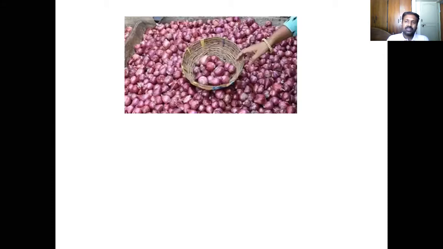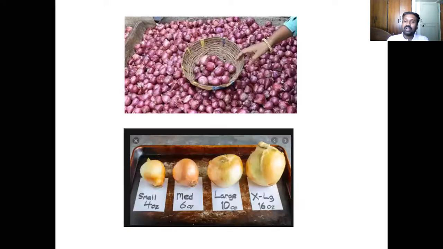The thing is that in a sample, in a gunny bag, in a sack of onions, all onions are not the same size. So you can classify the sizes, right? Small, medium, large, and extra large, XL. You can do this. So if you have classified this, what does it mean?